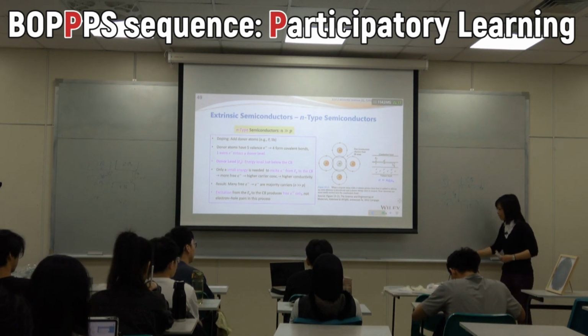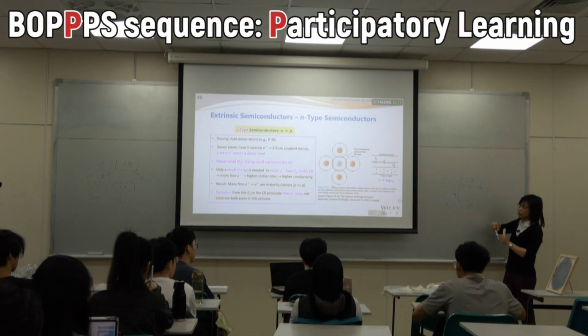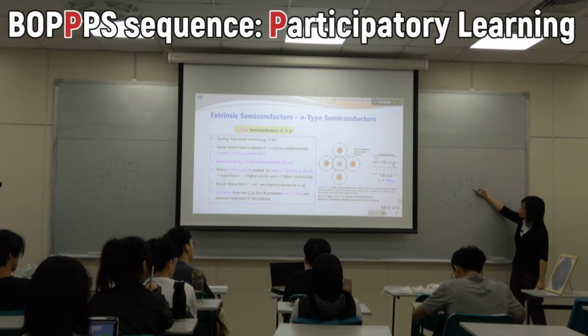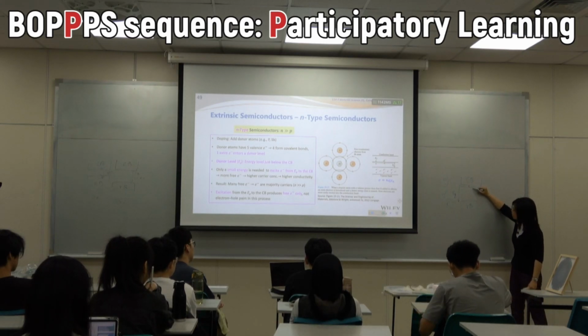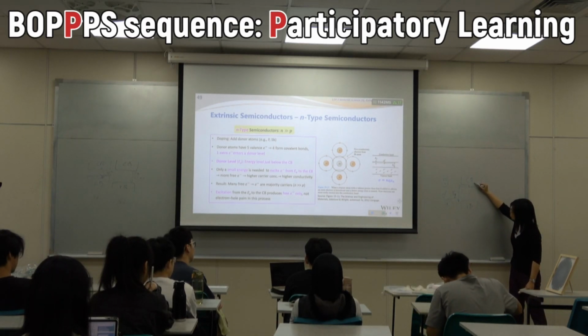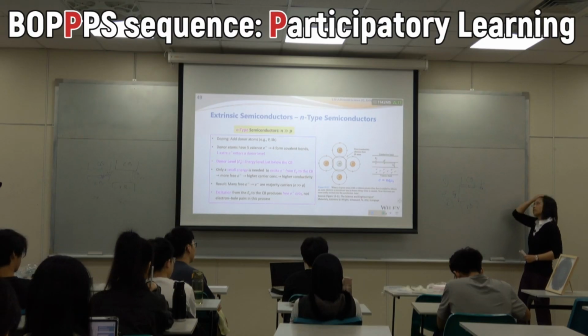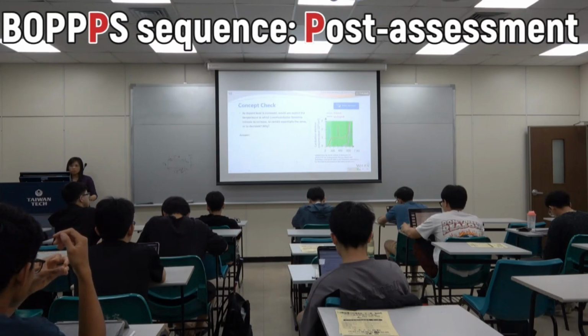If you introduce many electrons here, you need only a very small energy for an electron to be excited into the conduction band and cause conductivity. Any questions?